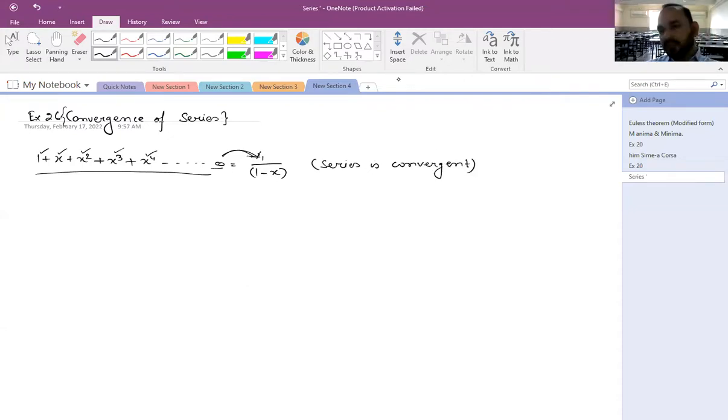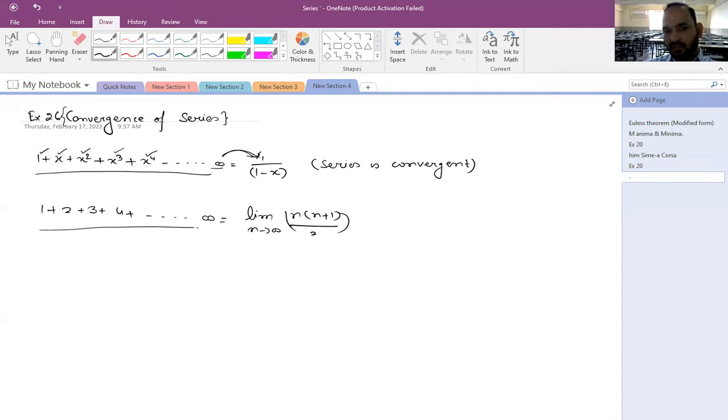But if I add 1 plus 2 plus 3 plus 4 up to infinity, this will be the limit as n tends to infinity of n into n plus 1 by 2. Is everybody with me? If I calculate, it is going to be infinite.